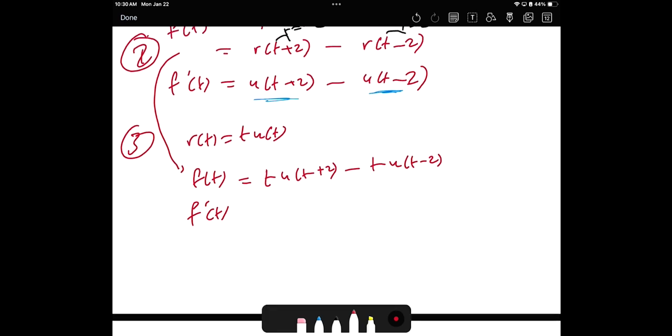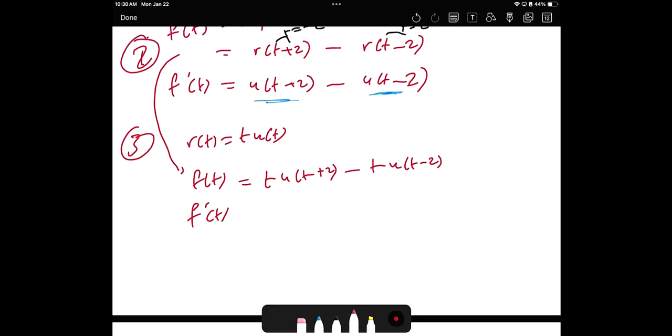So how to apply the derivative, which will be basically the derivative of the first one times the second one, and then the second one times the first one.